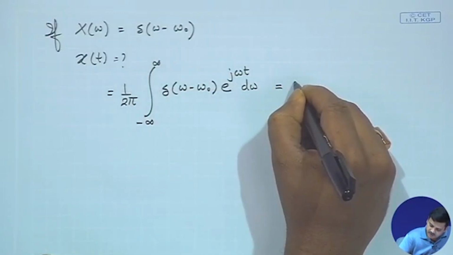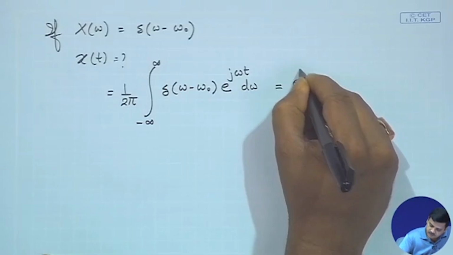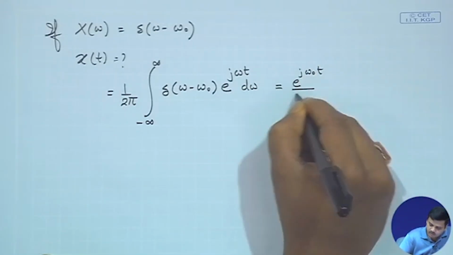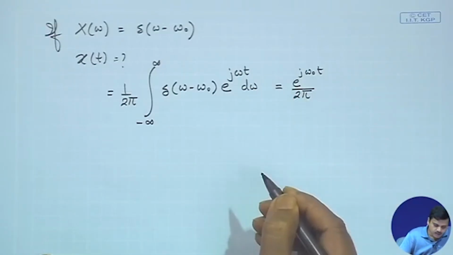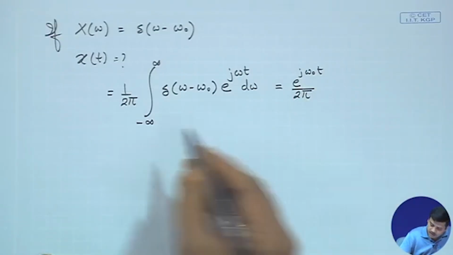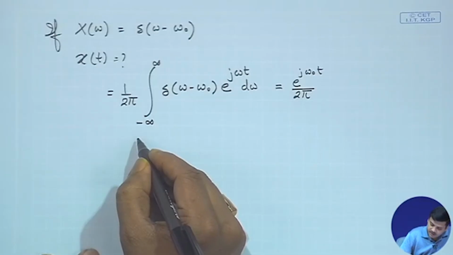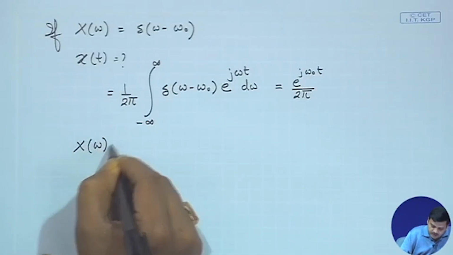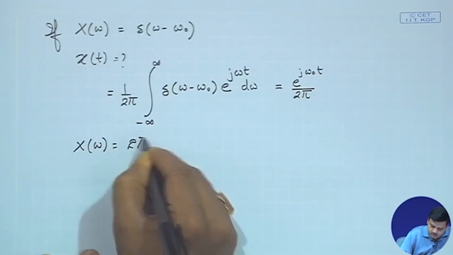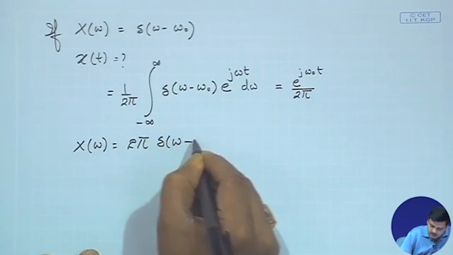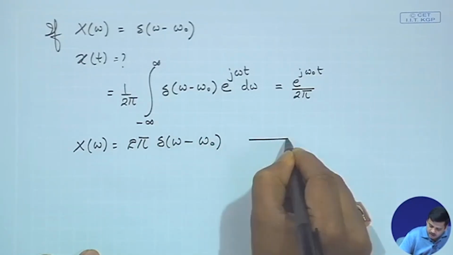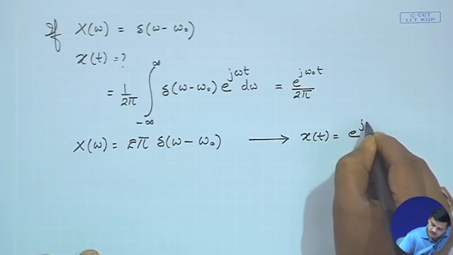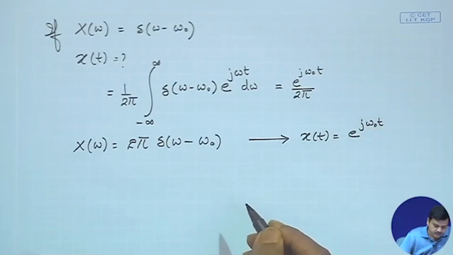So, what you are left with is e to the power of j omega naught t upon 2 pi. So, in other words, we could say that if X of omega is equal to 2 pi delta of omega minus omega naught, then we could say that x of t is equal to e to the power of j omega naught t.